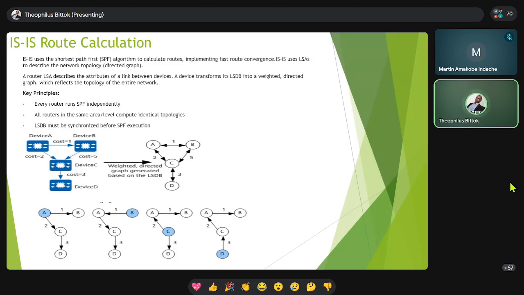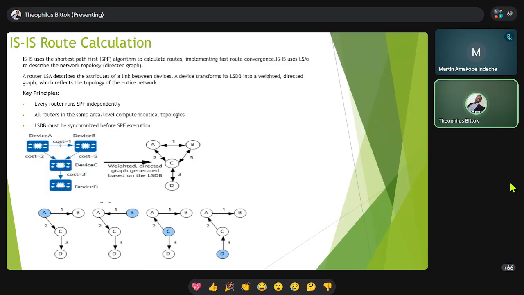So what will happen is router A is going to draw a tree. It asks itself, let's assume I'm going to D and I use the route via C. The cost to C is 2 and the cost to D is 3, so the cumulative cost is 5, correct? And then you have another route.